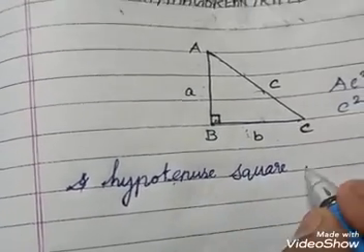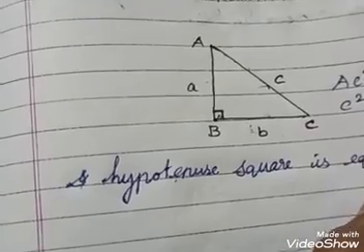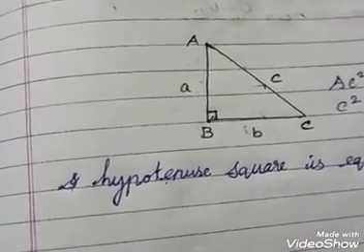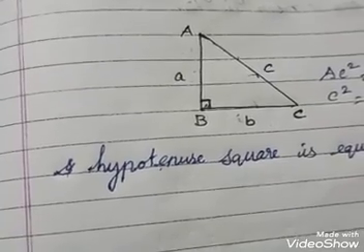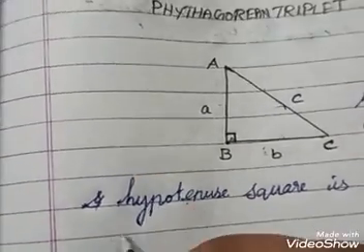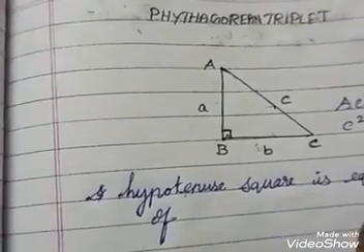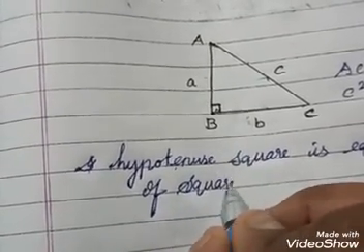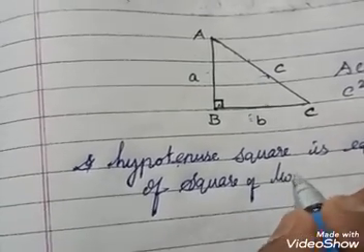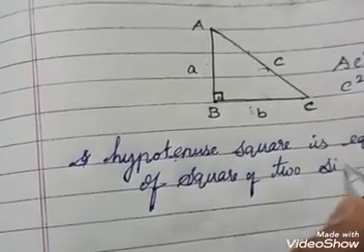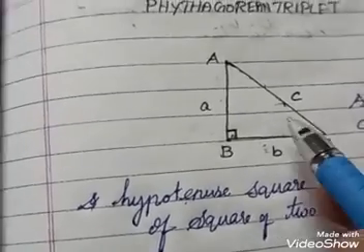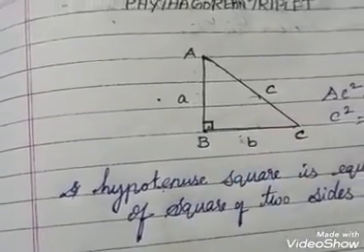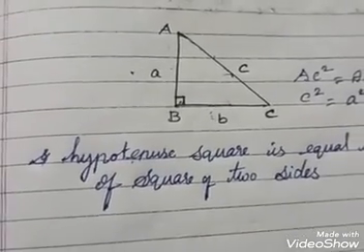Hypotenuse square is equal to the sum of the squares of the two sides. So this is the hypotenuse, and its square is equal to the sum of these two squares. So I have to mention this formula.